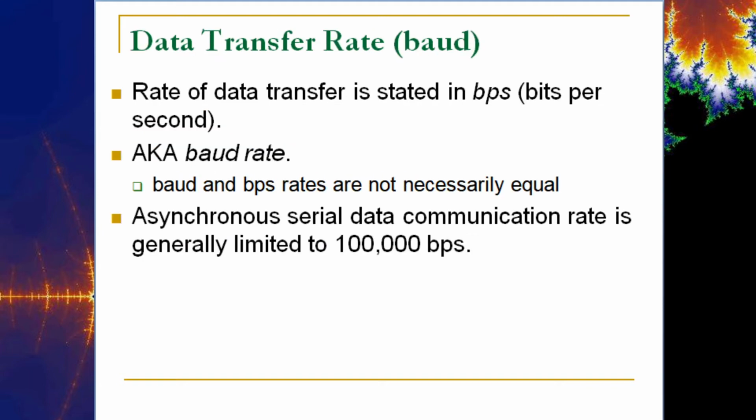We also need to talk about how quickly things happen, which is called the data rate, and that's the rate of data transferred stated in bits per second. But just because we say BPS and baud, they're not necessarily equal, although they are often. It says asynchronous serial data communication rate is generally limited to 100,000 bits per second.